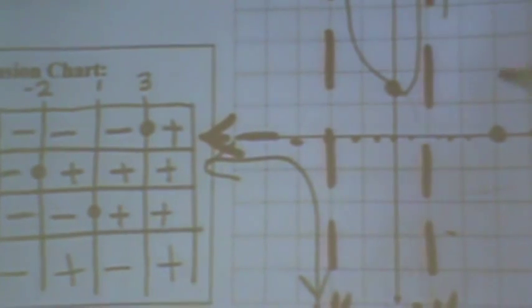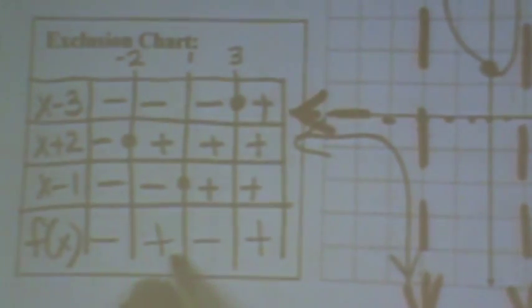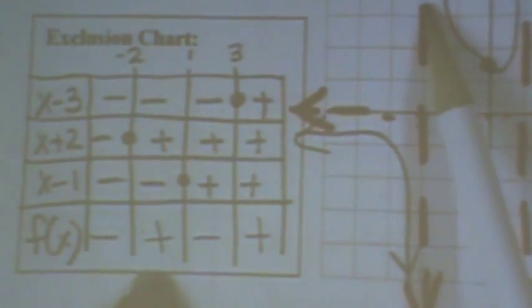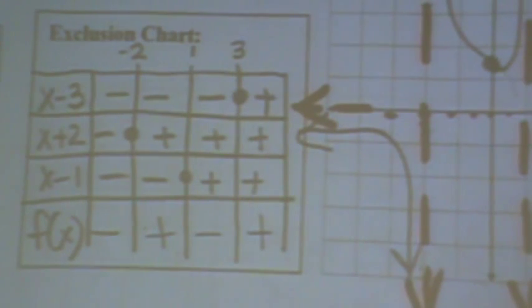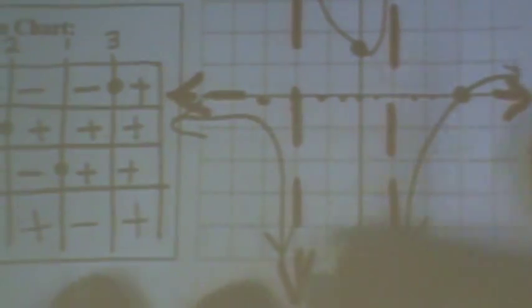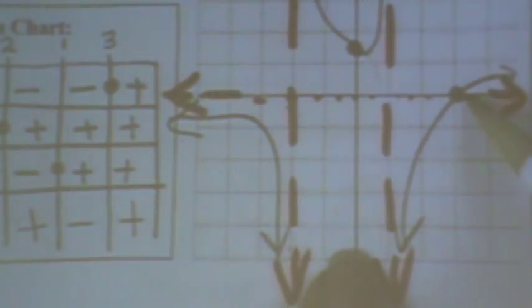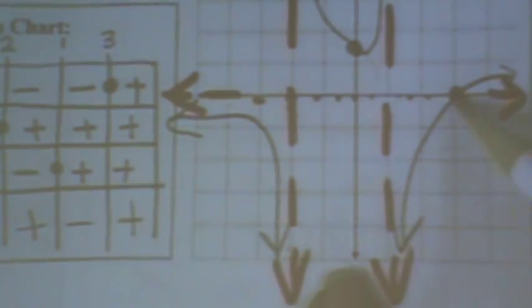So, do I have this right? Where's the negative? From -infinity to -2, it's in the negative. We got that. Then we're positive. -2 to 1, we're in the positive. And then from 1 to 3, we're in the negative, and then we're positive. So from 1 to 3, we're in the negative, and then from 3 to infinity, we're in the positive.